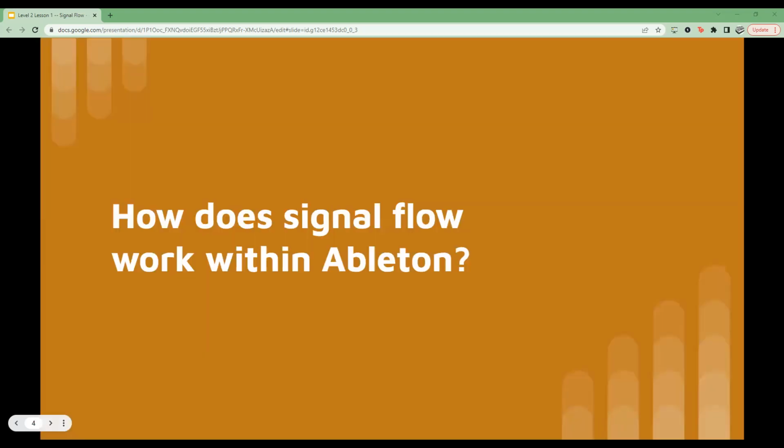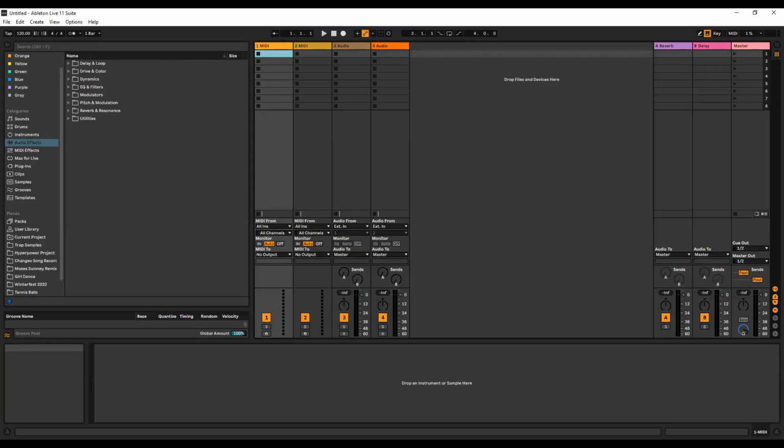So first thing is, how does signal flow work within Ableton? If you don't already know, then you will in a second, because you've learned it before. The way signal flow works within Ableton, with MIDI, it's all about digital signals that are inputted from your keyboard.